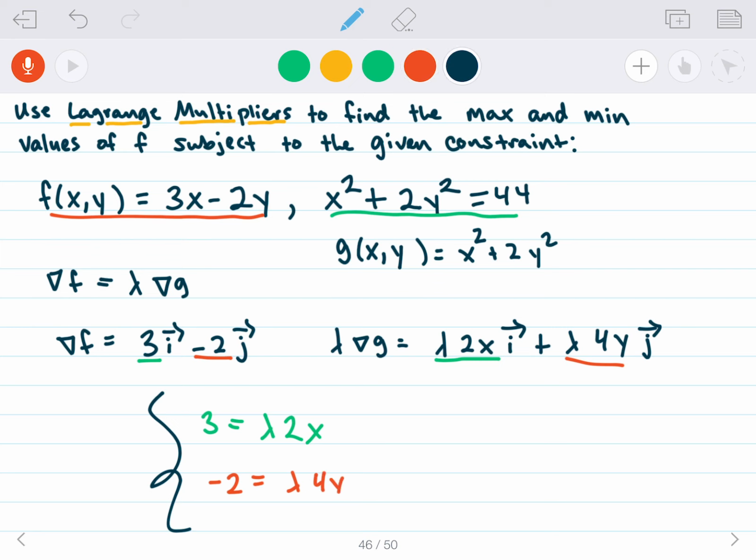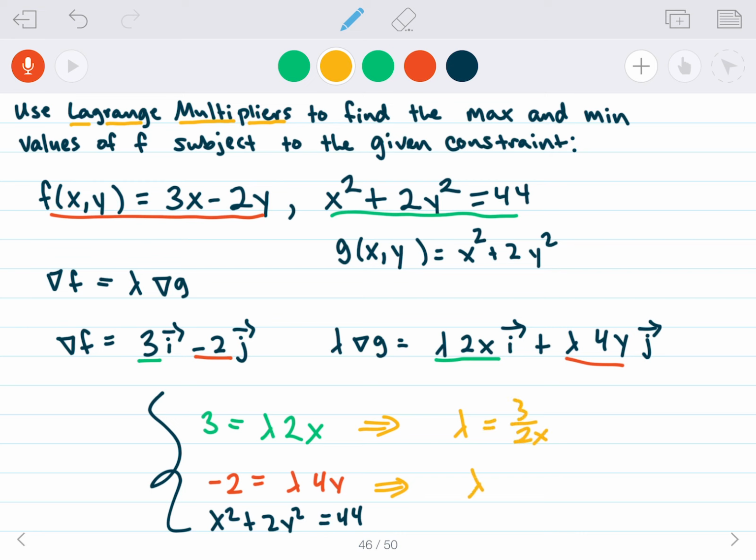And then we have our constraint, x squared plus 2y squared equals 44. Let's go ahead and solve these for lambda. If I isolate lambda, I get lambda equals 3 over 2x.